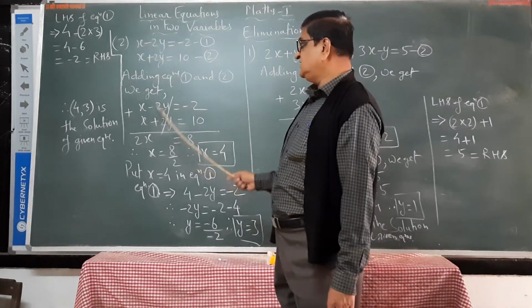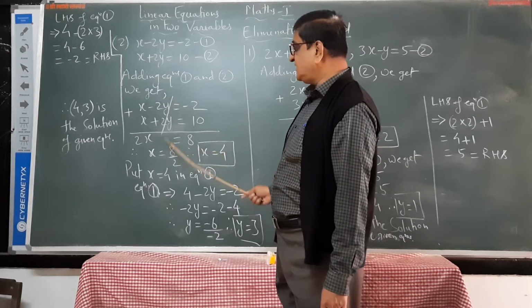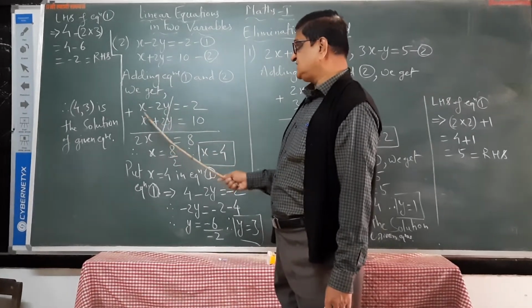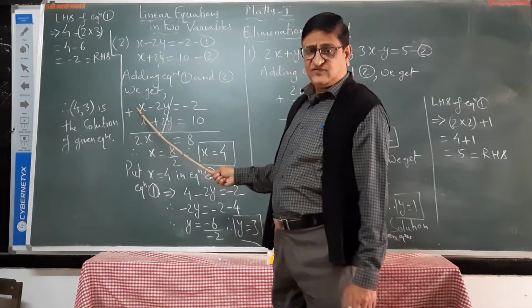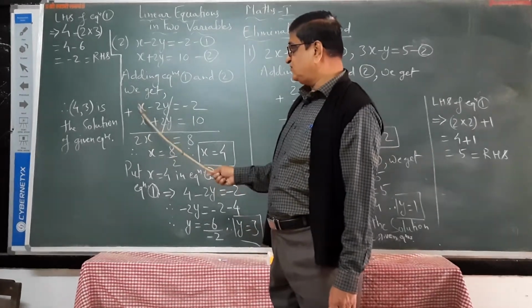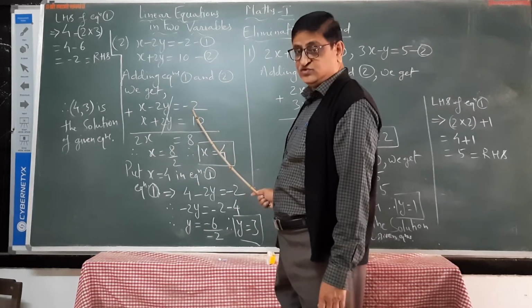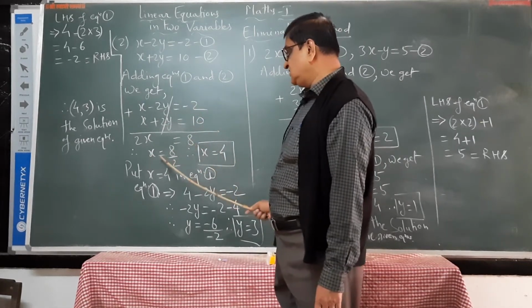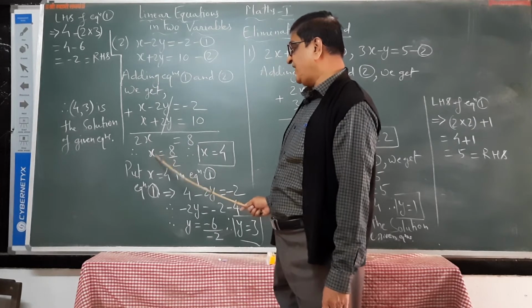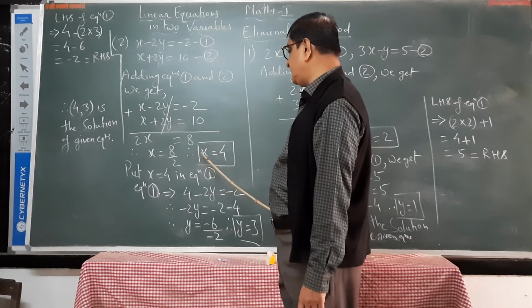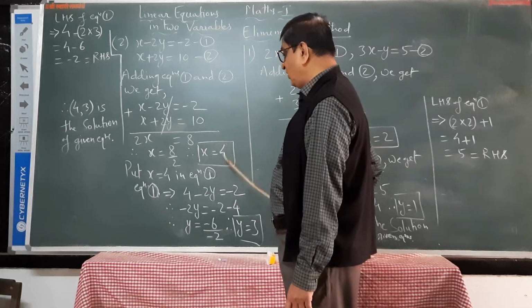Adding, the y term gets eliminated, and for x plus x, the coefficient of x is 1 here and 1 here, so 1 plus 1, 2x is equal to 10 minus 2. So it is 8. For finding the value of x, we divide 8 by 2. So here we get x is equal to 4.